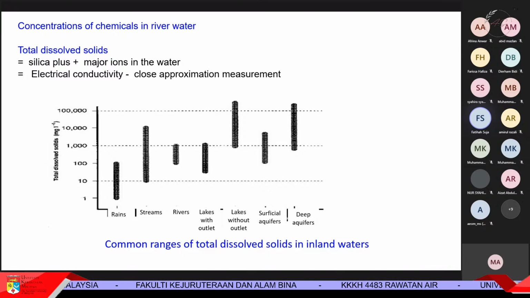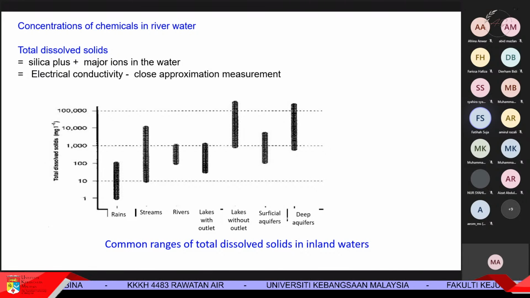Okay, you can see here total dissolved solids, the naturally occurring dissolved solids: rain, streams, rivers, lakes with outlet, lakes without outlet, superficial aquifers and deep aquifers. Lakes without outlet and deep aquifers usually have high total dissolved solids, or you can see that the electrical conductivity, the EC parameter, is high.